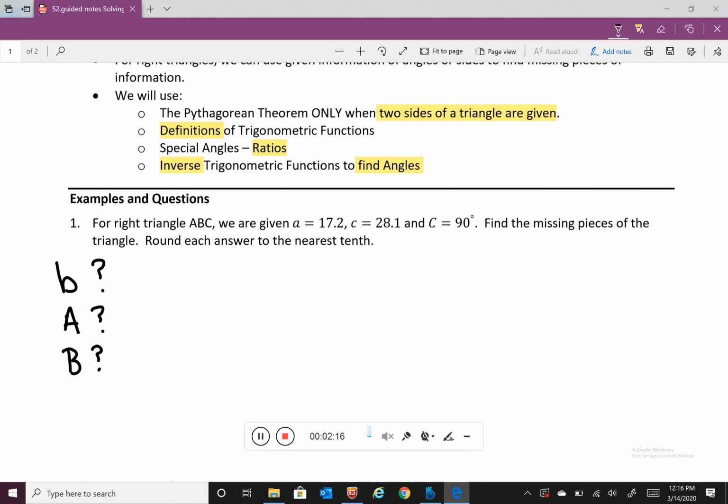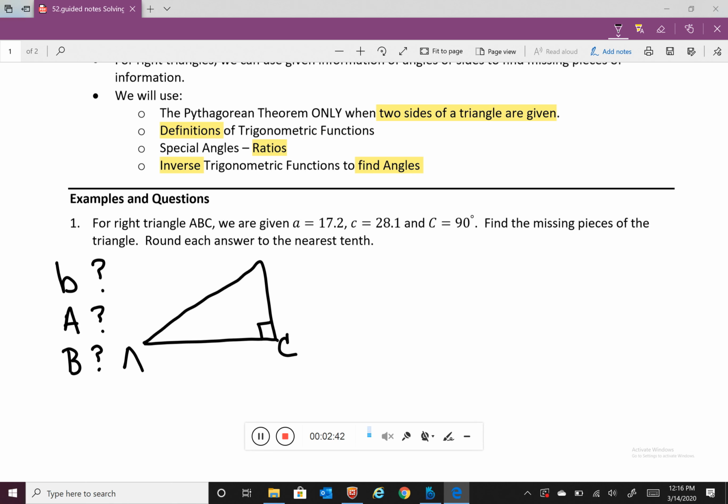Now, a technique for solving right triangles that will always be helpful is to try to draw what you don't know. We don't know if side b is less than side a or greater than side a. So we're just going to draw a triangle and place our given information so that we also understand what is missing.